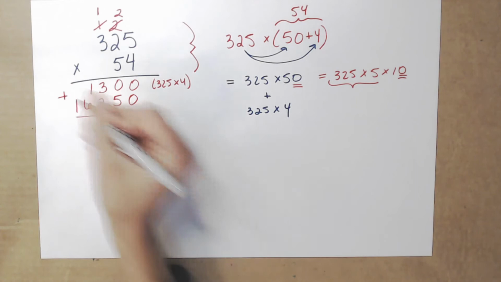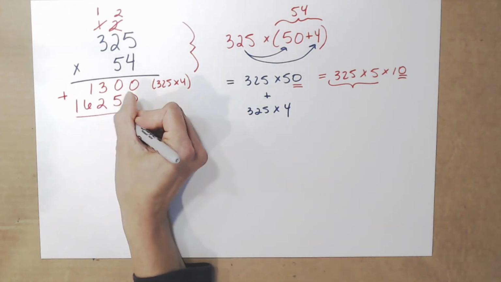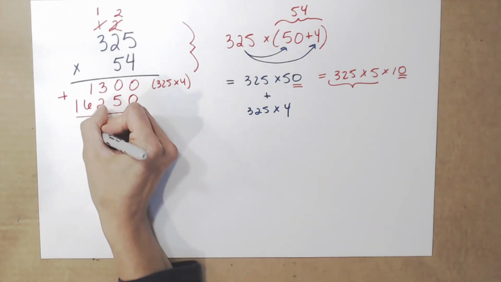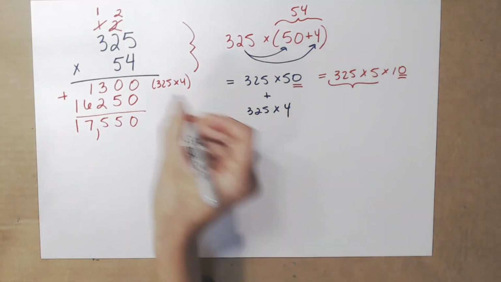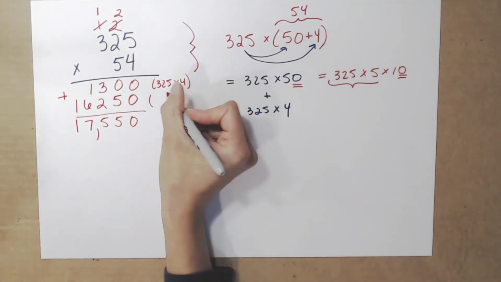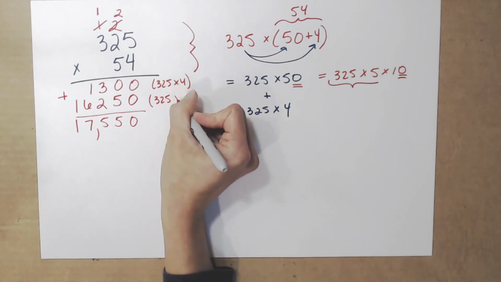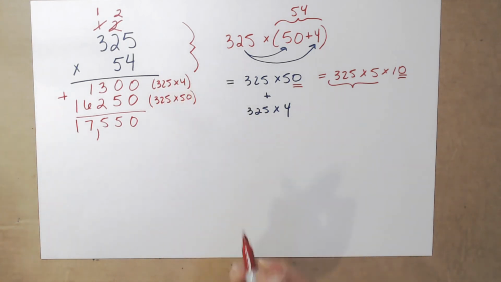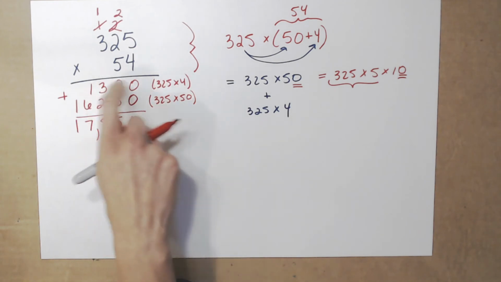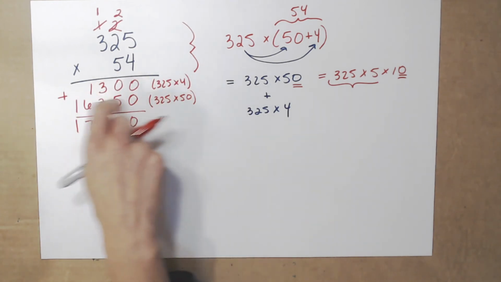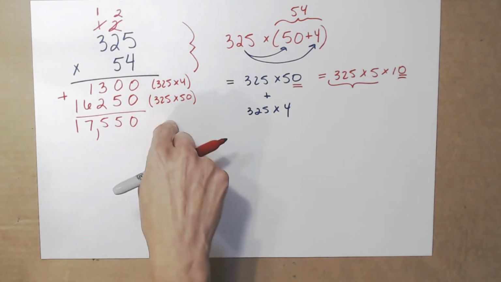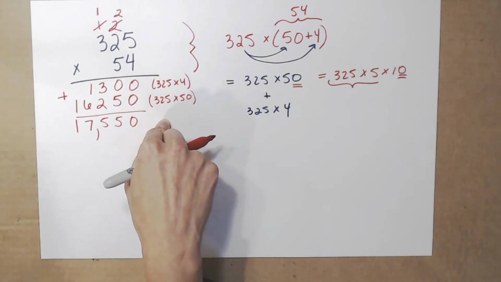Now I add them. 0, 5, 5, 7, 1. 17,550. So this one right here is actually the 325 times the 50. So what I'm doing is adding 325 times 4 plus 325 times 50, and I get what 325 times 54 would be.